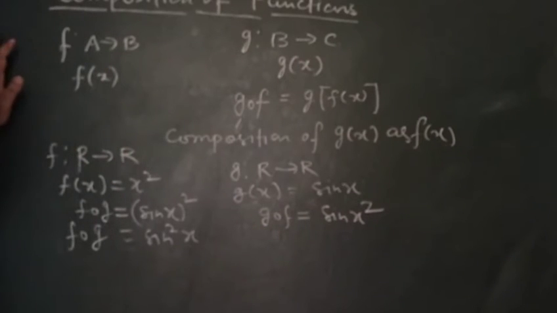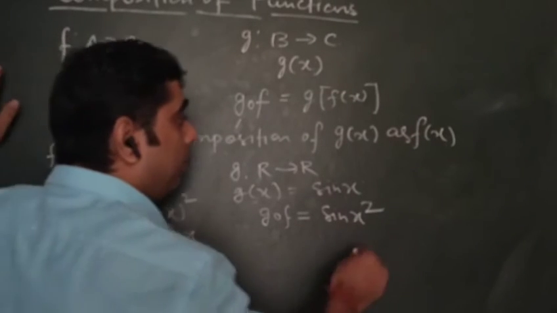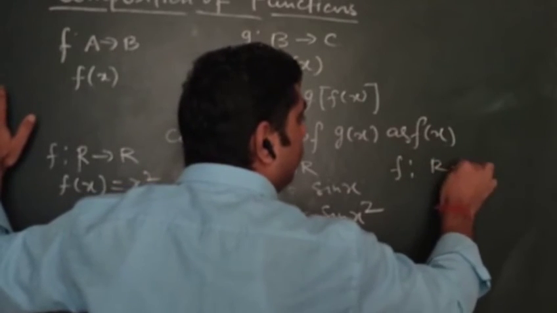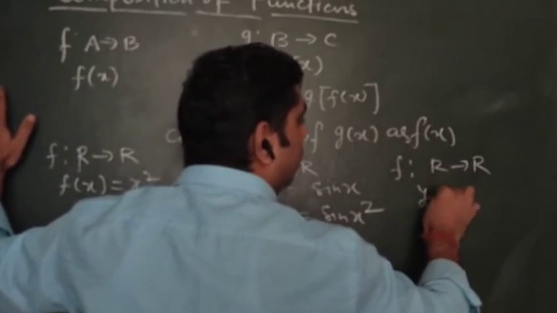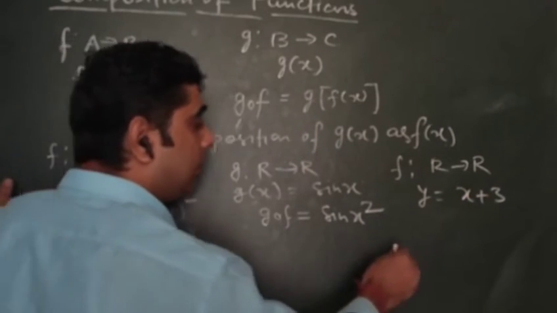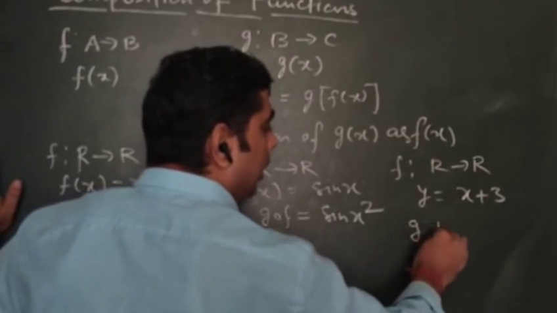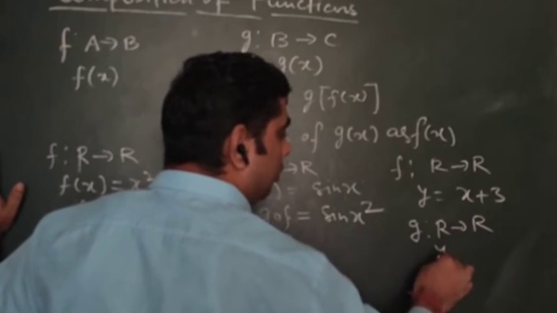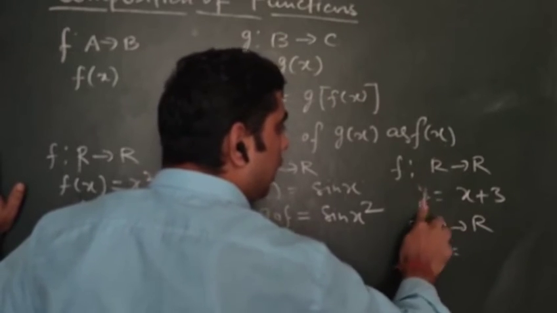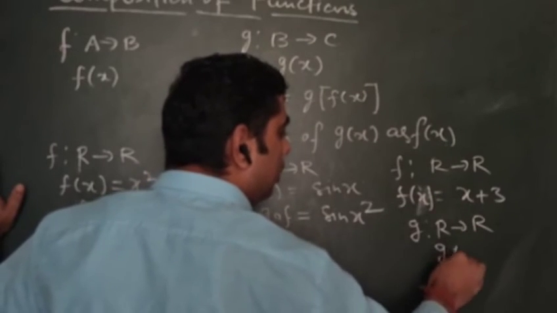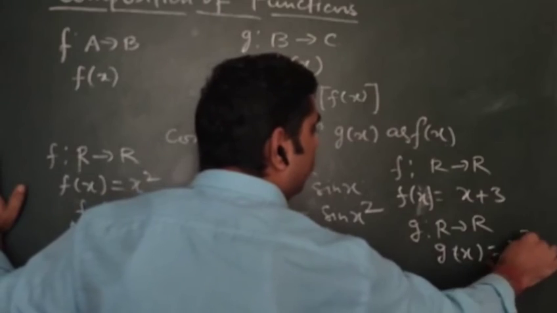Let's suppose we have another example. A function f is given from R to R, f(x) equal to x plus 3, and another function g from R to R, g(x) equal to x cube.